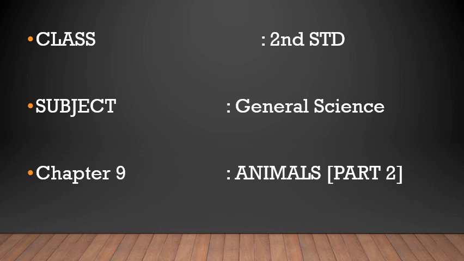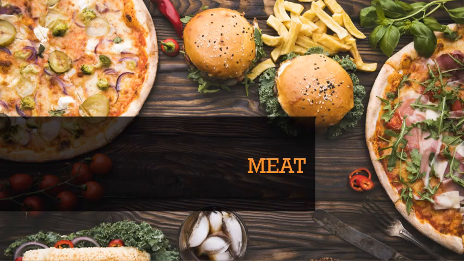Then we learned about the products that we get from animals: milk, meat, honey, eggs, wool, silk, leather. These are the things we are dependent on animals for. About milk we learned in the last video itself.